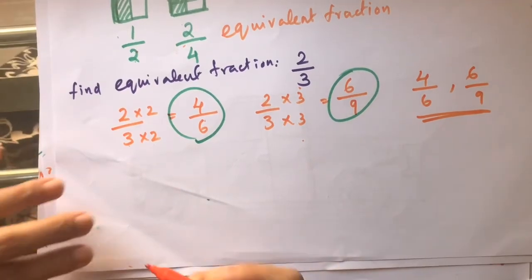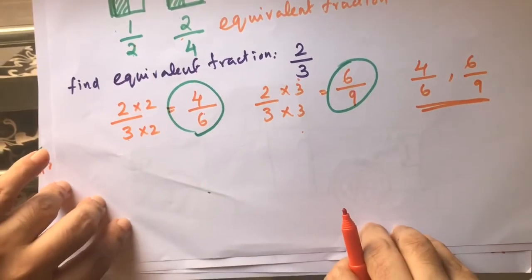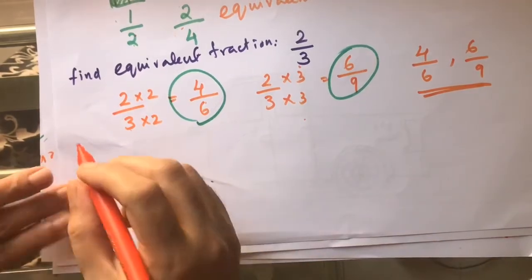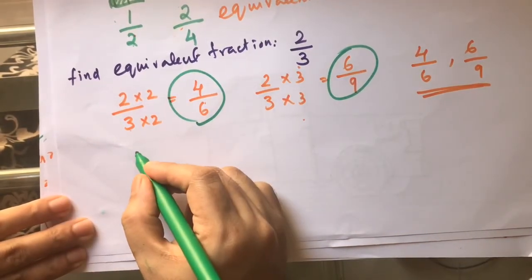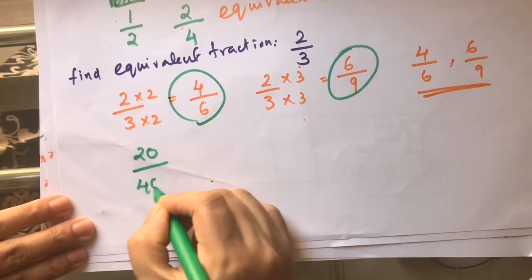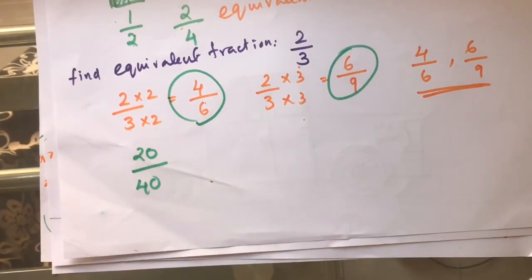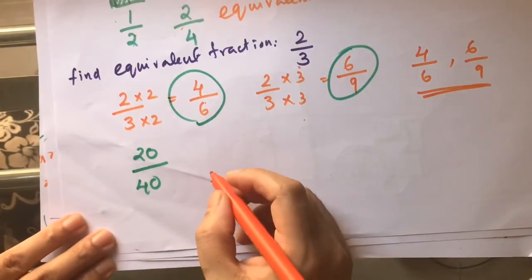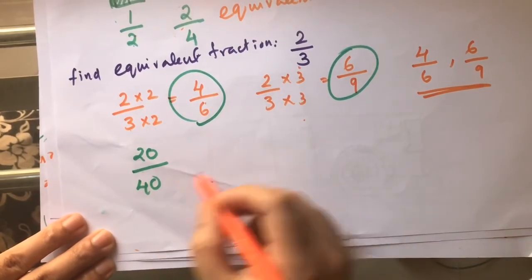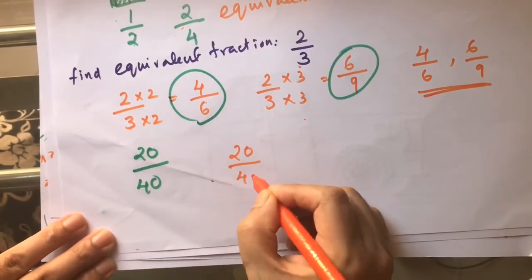And if it's a bigger number, we can find equivalent fractions by dividing. Suppose the question is 20 by 40. We have to find the equivalent fractions of this one. We can divide and find them also. We have to divide the numerator and denominator by the same number.